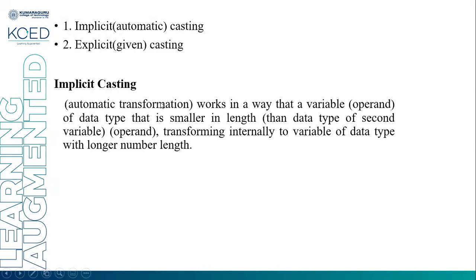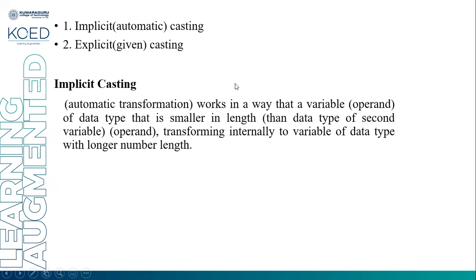Implicit casting, automatic transformation, works in a way that a variable or operand of a data type that is smaller in length than the data type of the second variable or operand is transformed internally to a data type with the longer length. The variable which has a smaller length consumes less memory.